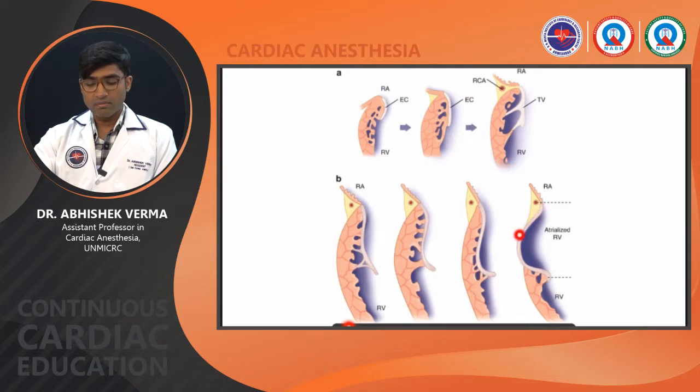Later it becomes atrialized, also called the atrialized right ventricle. From here this is the true annulus, and now here the leaflet acts as a valve. Seen from this point, we can say it is a false annulus, or functional annulus, and this portion is the atrialized RV.